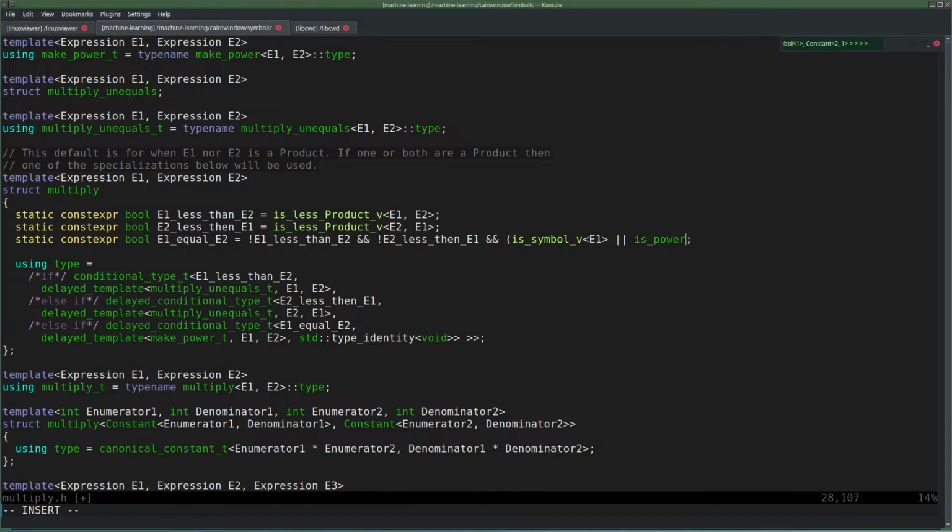One is power E1. But yeah, if I do this just to protect make power from being called with non-symbols and non-powers, then it's going to do one of these, which is also stupid.